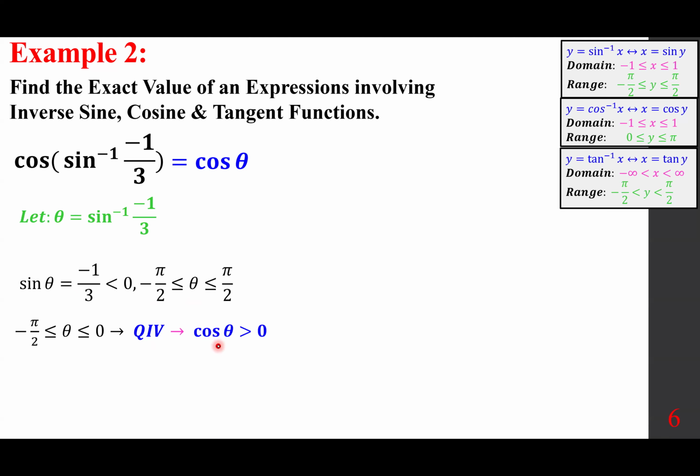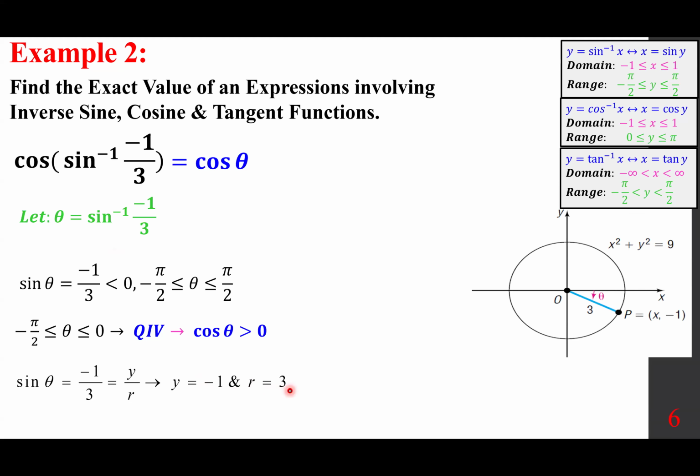And if we want to go with the circles, sine is y over r. So sine, which is negative 1/3, is y over r. R is always positive, everybody. So y is negative 1, r is 3. And remember, x squared plus y squared equals r squared. So that means x squared plus y squared equals 9.